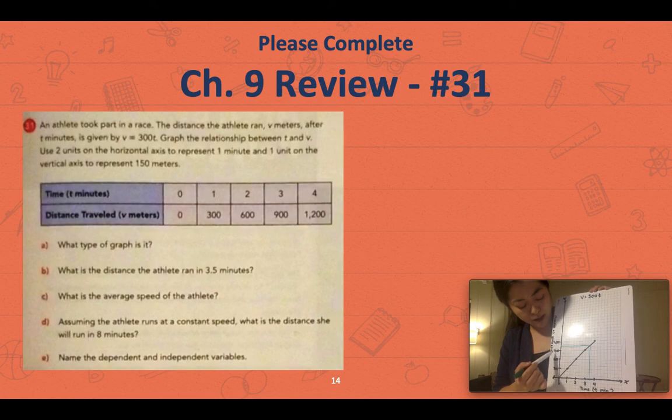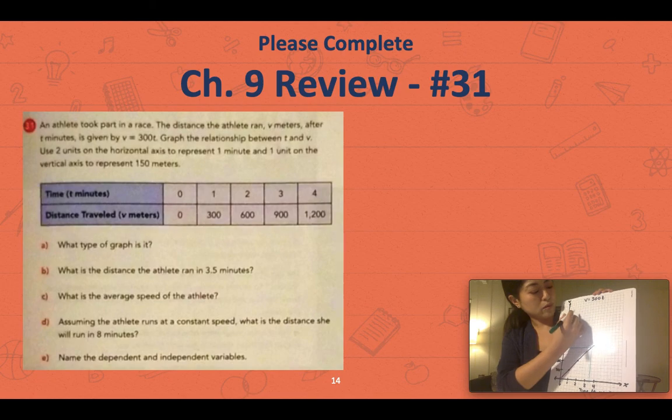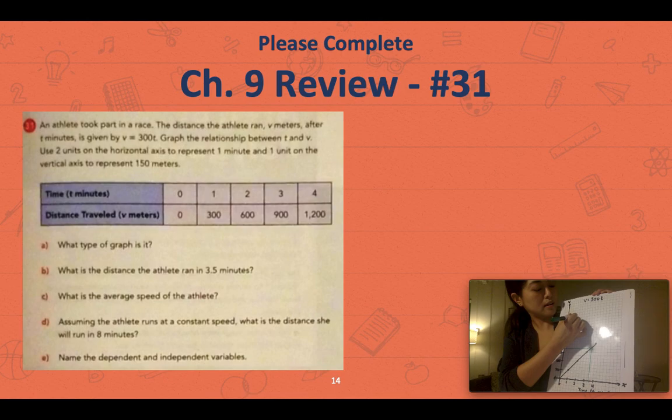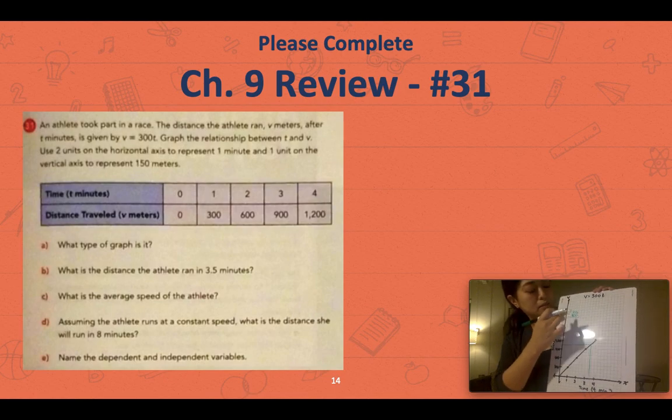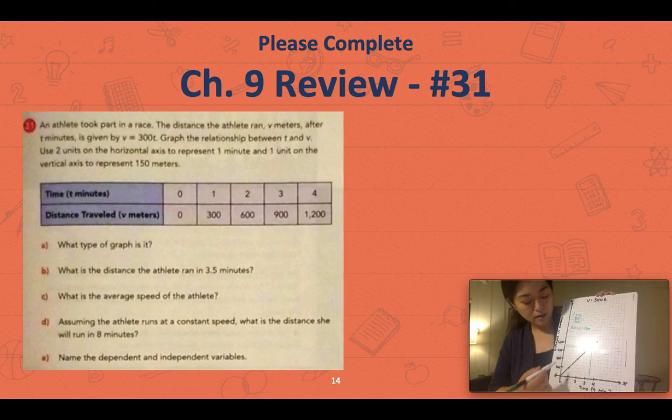So it looks like it'll be halfway between 900 and 1200, okay? Well, what is that? What's halfway between 900 and 1200? Well, what I can do is figure out how many units are between 900 and 1200, which is 300, okay? Then I can divide 300 by 2, which is equal to 150.